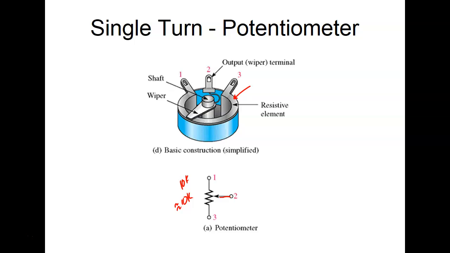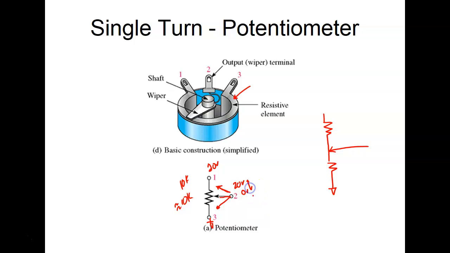Then what we do is we come over here. So basically a pot ends up with something like this. And then this would be the wiper. So this is a variable voltage divider. If I put 20 volts right here and I reference this as common, then if I put the pot all the way at the top, it would give me 20 volts. If I put the pot all the way at the bottom, it would give me 0 volts.